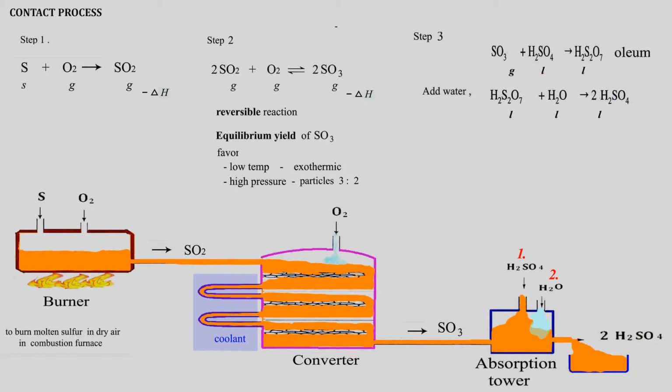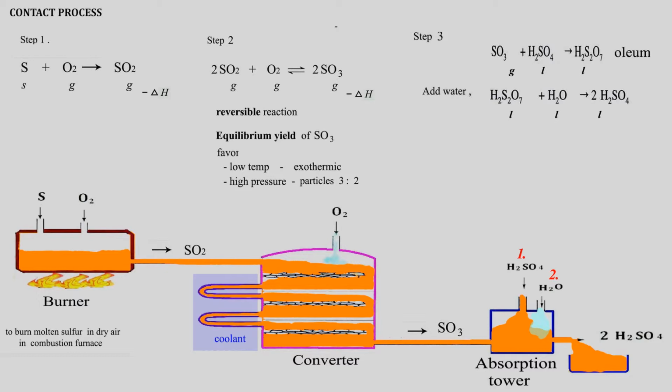So a big volume of gas is condensed into a small volume of liquid oleum. Then to this liquid oleum, you add water, and you form two concentrated sulfuric acid in liquid state. And this is a lot easier to handle.